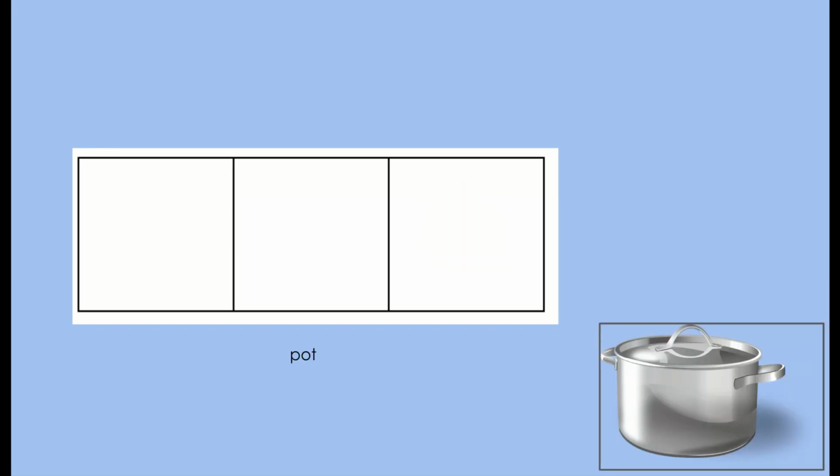The next word is pot. The first sound in the word pot is p. Next sound, ah. And the last sound, t. P, ah, t. Pot. The next word is dog.